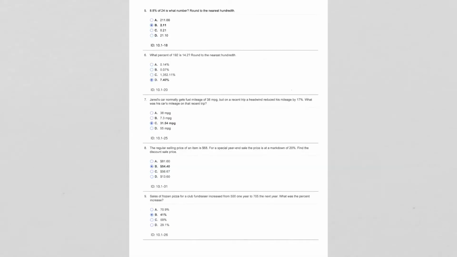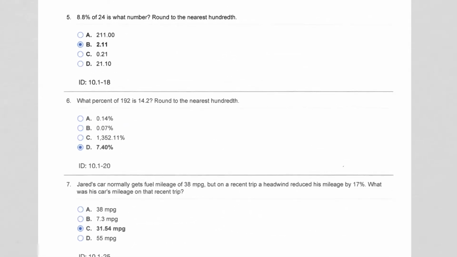All right, number 5, we have a couple basic word problems for percentages. So we have 8.8% of 24 is what number? Okay, so the easiest way to do it is just to translate this into a decimal. So we're going to move this two places to the left.